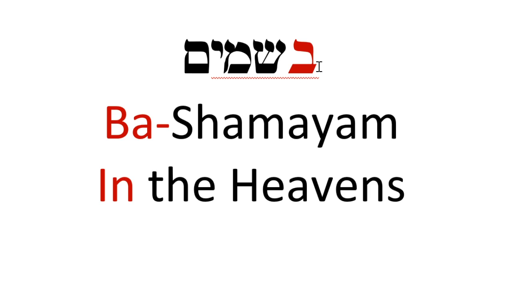Again, we're using the prefix ba, which means in, and we're prefixing this to the beginning of the word shamayim, which means heaven, or sometimes it's translated plurally as heavens. So this gives us the Hebrew word bashamayim, which means in the heavens.